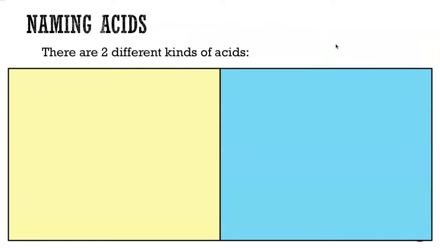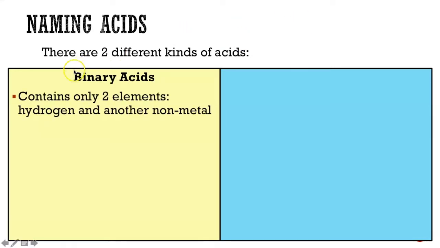Naming acids. This is the last time I am going to throw new naming rules at you, so pay attention here, because this is the last one you've got to know. There are two types of acids. The first is called a binary acid. Every time we see that prefix bi, it means two.